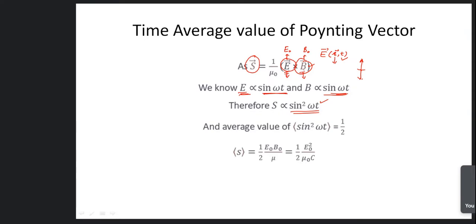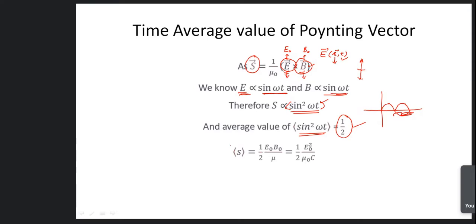To know the average of sine square over its time period: sine square varies from 0 to 1, and the average is half.